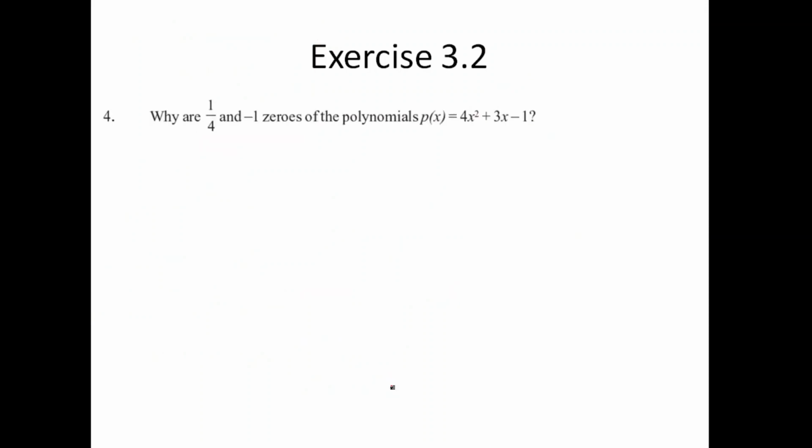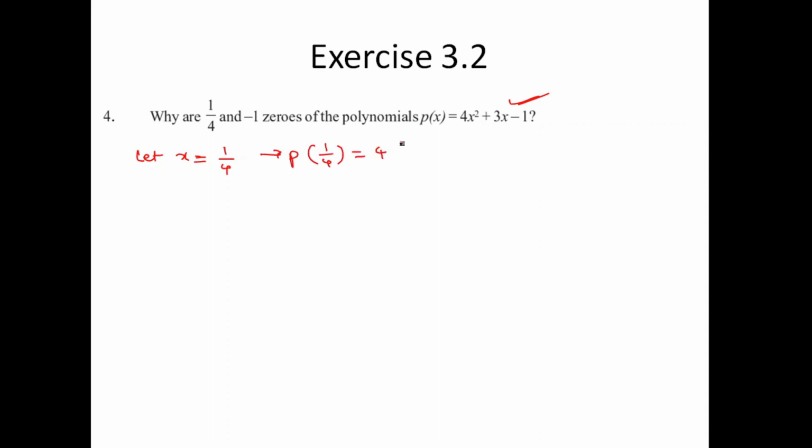Okay, now he's asking why this is equivalent to this one here. Okay, let's see all the zeros of the polynomial. First thing, I'm substituting here. So let us substitute. Let x be equal to 1 by 4. So when I'm substituting in p of 1 by 4, what will I be getting?